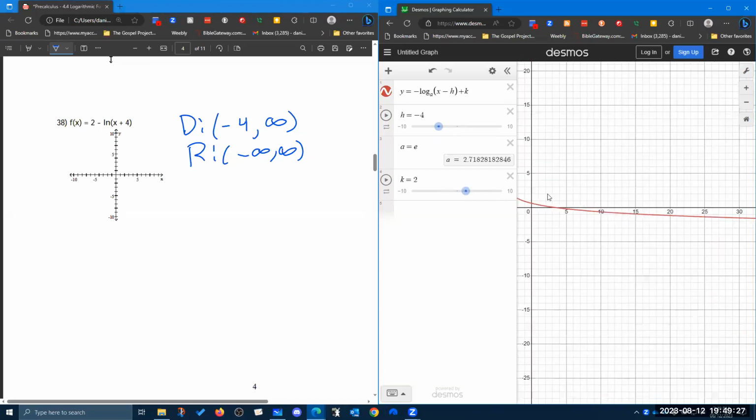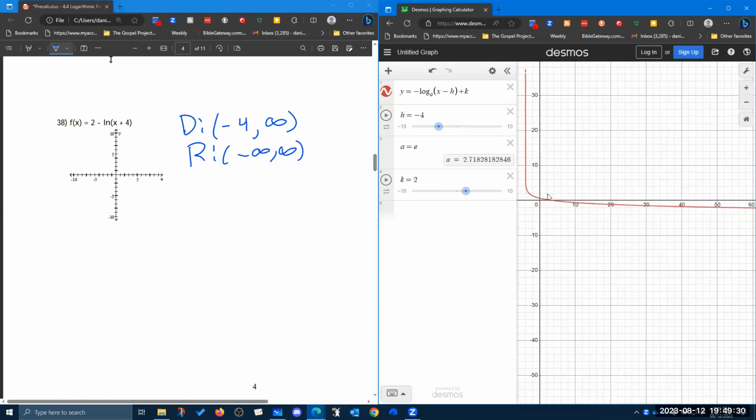My graph is going to look like so. I've got my vertical asymptote at x equals -4. x equals -4 is my vertical asymptote. At -3, I'm going to get 0 plus 2 is 2.